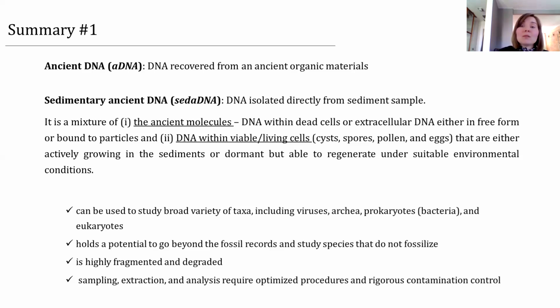For example, if you have a human bone and you get a sequence of a completely different organism, you know that it's most likely contamination. But if you get some erroneous sequence in an environmental sample, you may not be able to trace this contamination. That's why these rigorous controls are necessary.